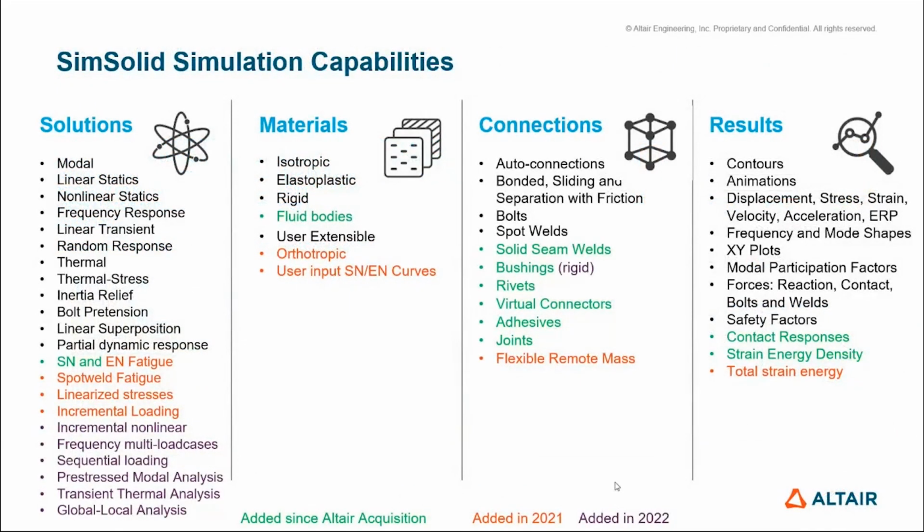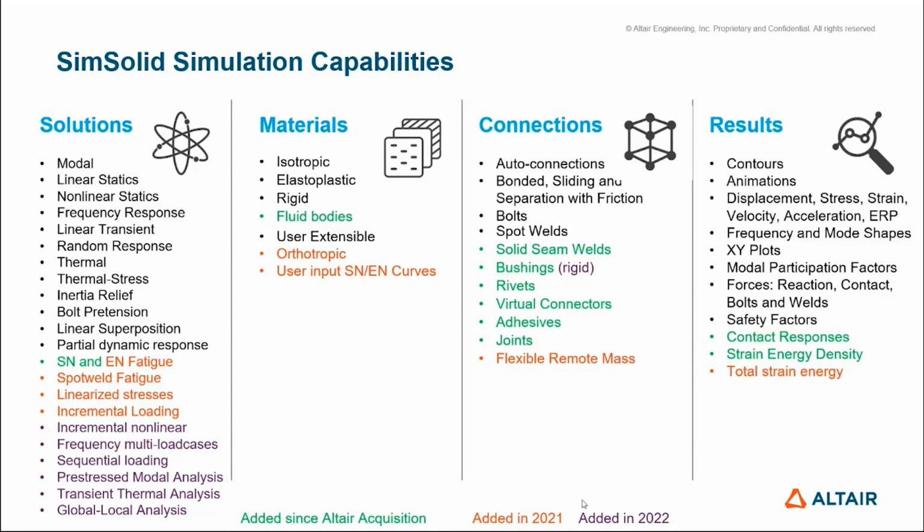So just an overview, SimSolid simulation capabilities, solutions: modal, linear static, nonlinear static, frequency, linear, transient, random response. So that is all the dynamic types of simulations you'd need to do.